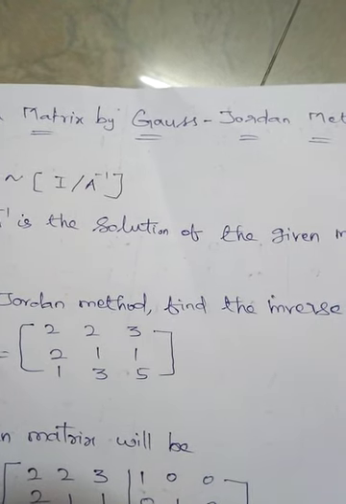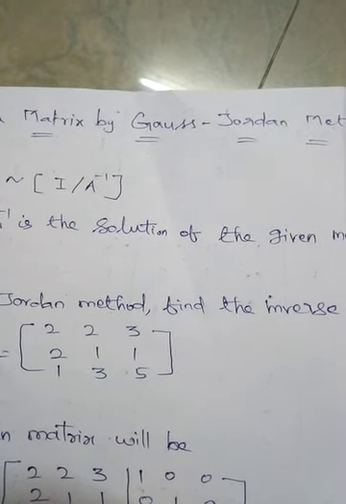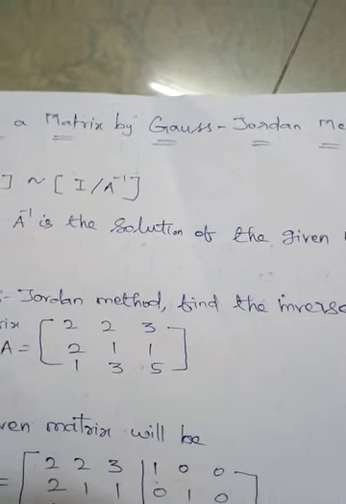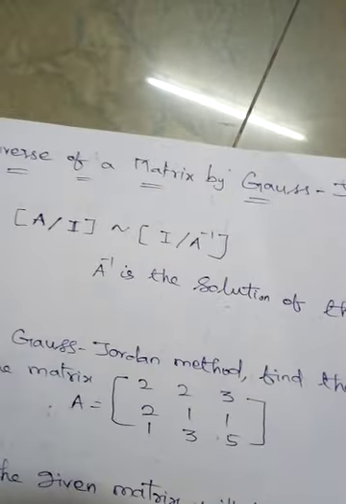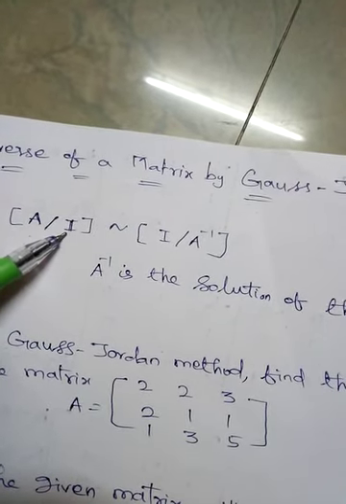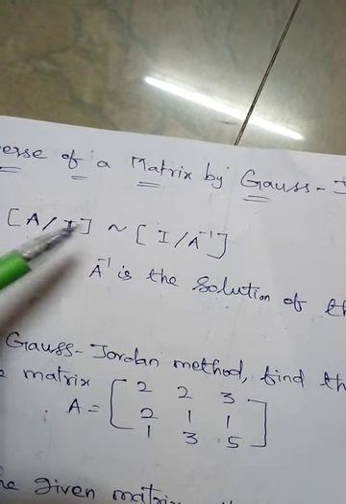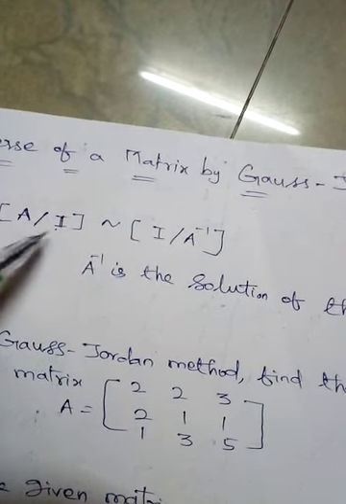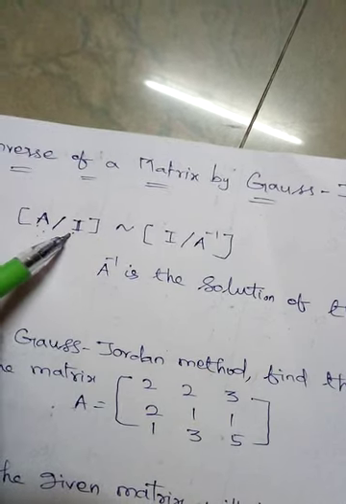Are you clear? So we are given a matrix A, which is 3 by 3. Find its inverse, that is A inverse, using Gauss-Jordan techniques in numerical methods. Normally we are given a matrix A and then its corresponding identity, 1 0 0, 0 1 0, 0 0 1. We start like this, the matrix along with its identity.